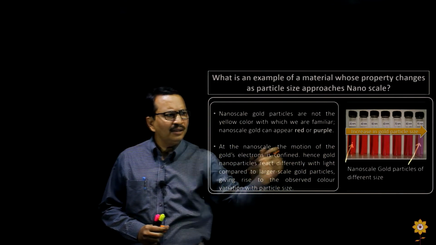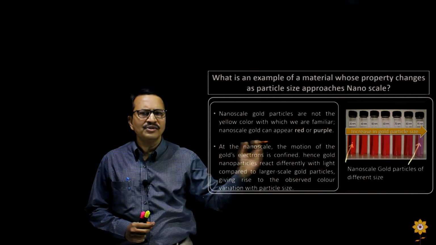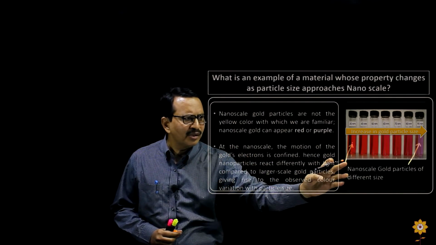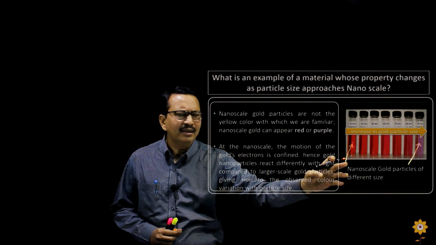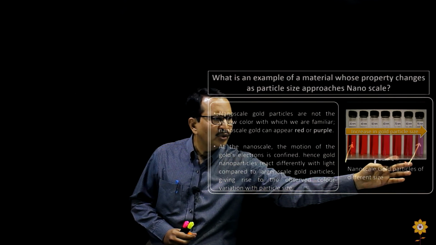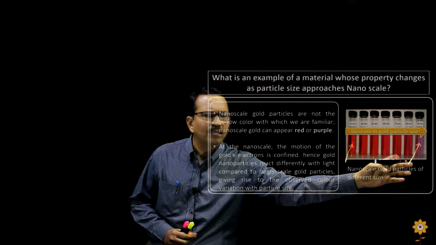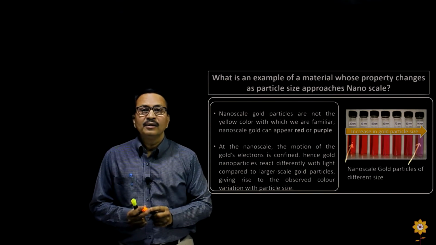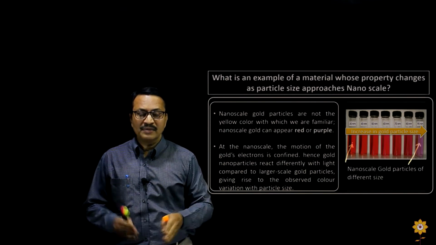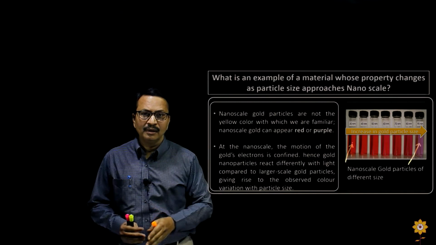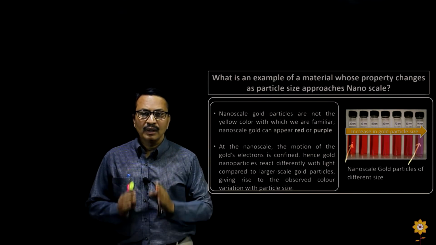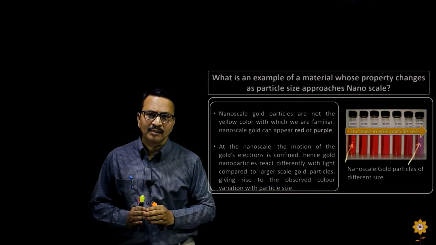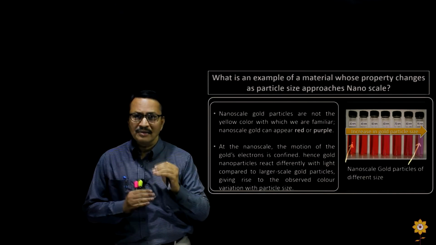Correspondingly you will see that there is a variation in the color. This is more towards the reddish side, and over here this is more towards the violet, or you can say even the purple side. The reason for this is the minute you are synthesizing a particular material in the nanoscale, the electrons are confined, and due to this confinement their energy level changes.